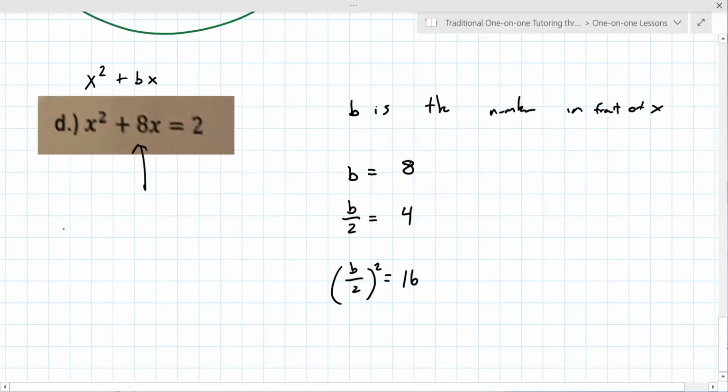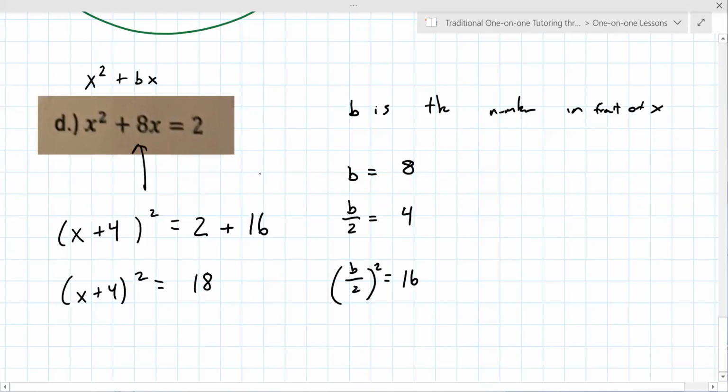Perfect. Okay, now over here on the left, you write x, but then you use this b divided by 2. So you put plus 4 here. And then on the right, you put this 16. Okay.